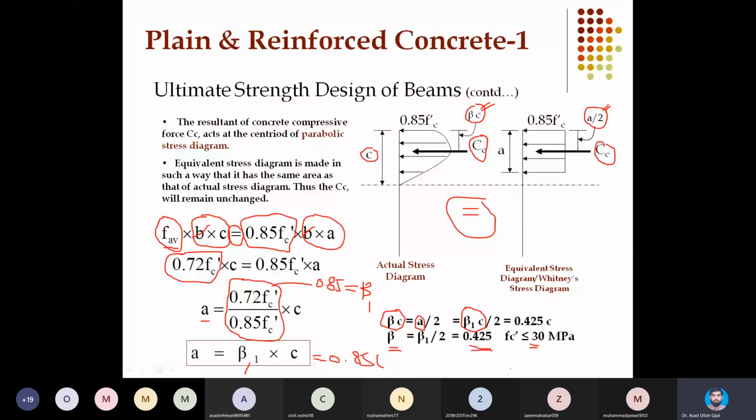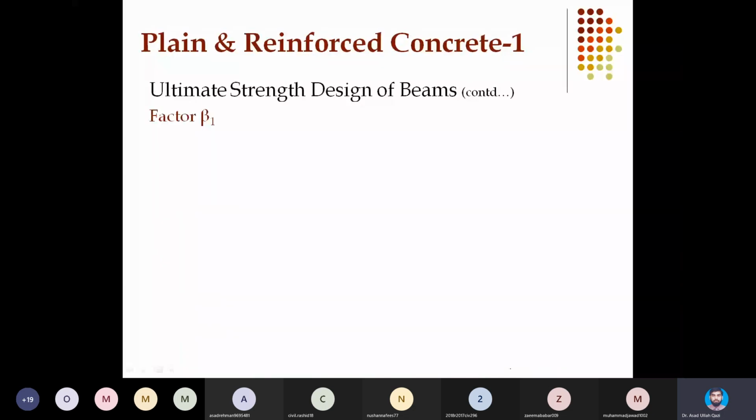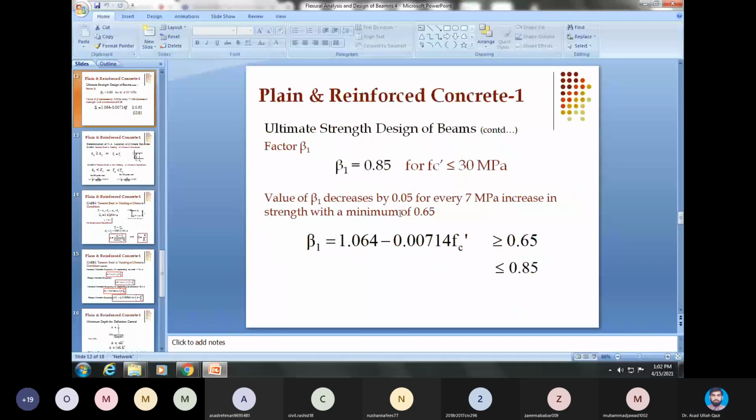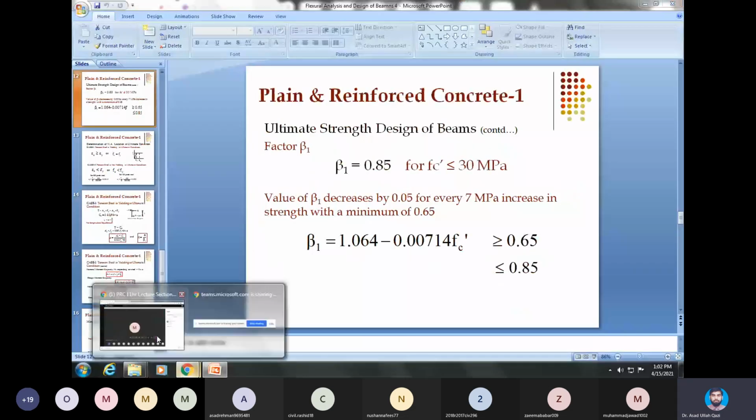And moreover, for higher grade concretes, this equation can be used to determine beta 1, which you can review at home, because in my recorded presentation you will find the discussion on the next slides. So please watch that video recorded with the section.